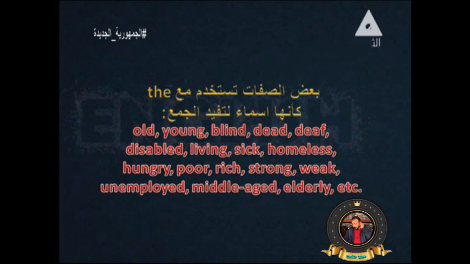These adjectives are used with the word the, and they are turned into nouns. وبالتالي you don't need to add nouns after them because already they are like nouns in the sentence.